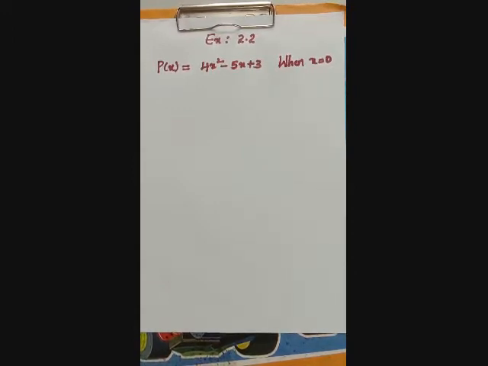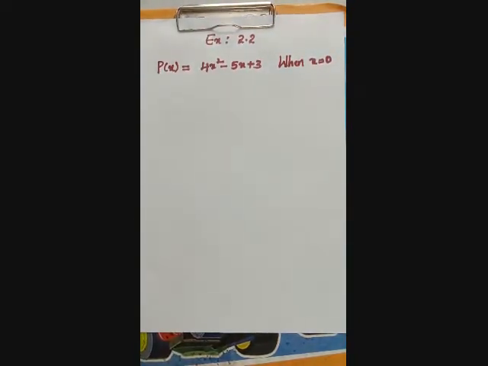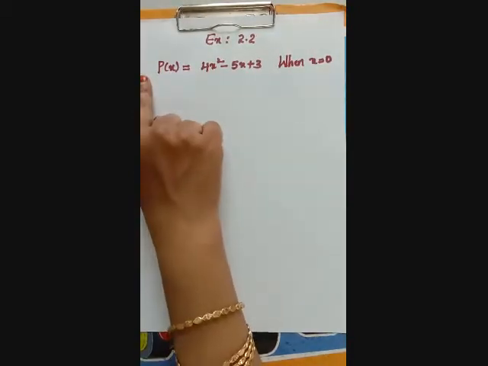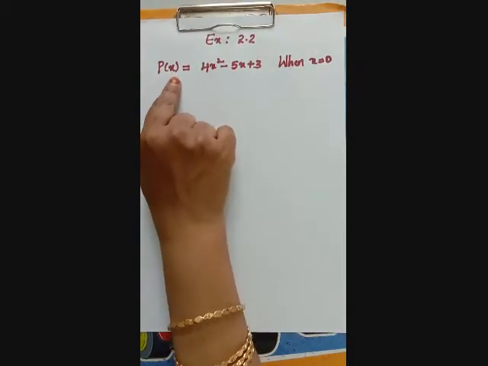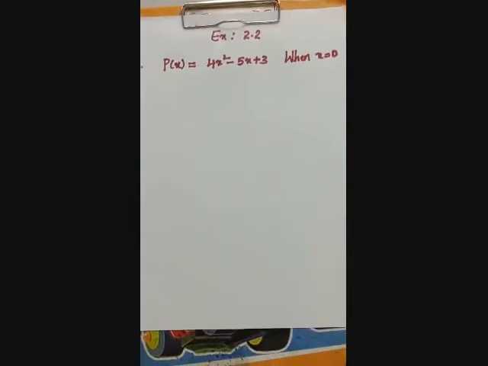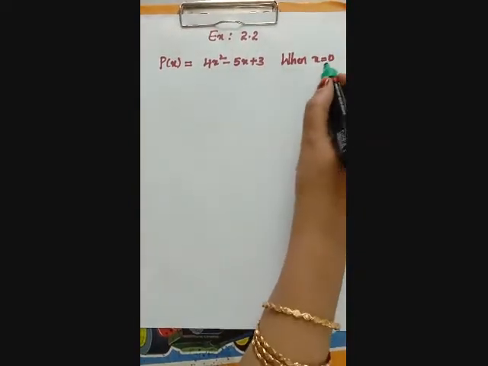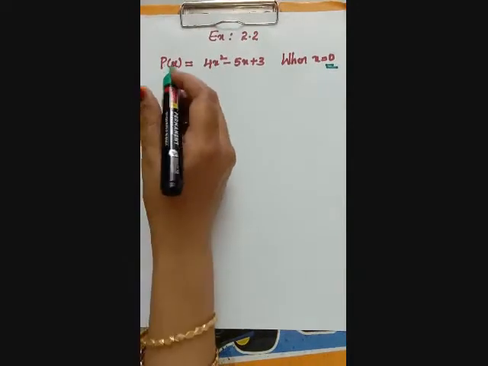So let's start with exercise 2.2. First question, I'll just read the question. Find the value of the polynomial in x, 4x square minus 5x plus 3, when x is equal to 0.